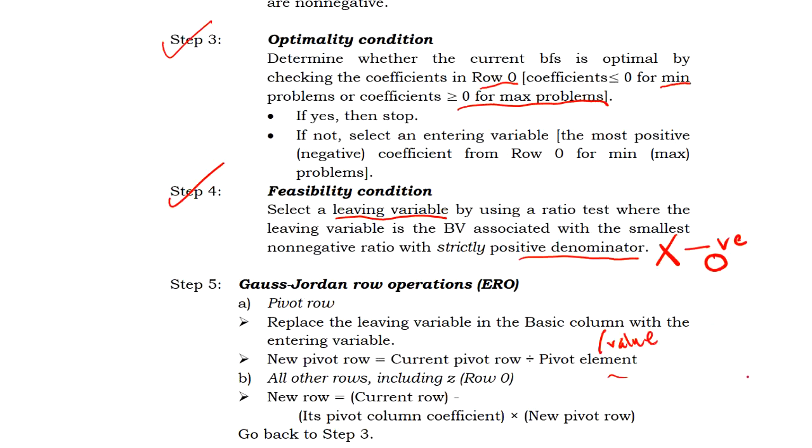So all other rows, including row 0 or row Z, the formula is new row equals to current row minus its pivot column coefficient multiplied by new pivot row. And then we go back to step 3 to check whether the new Tableau is already optimal or not.